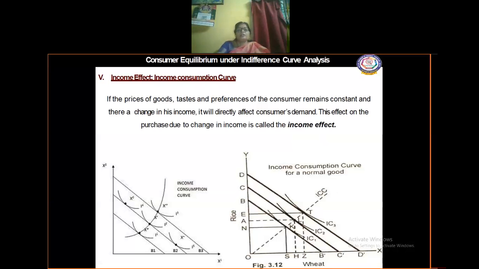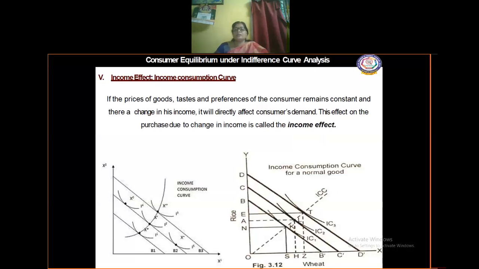So I conclude the analysis by saying that the indifference curve analysis is an ordinal approach, and the comparison is made between the two goods, and it is assumed that the indifference curve is convex, and how the equilibrium is attained by the tangency of the highest indifference curve from the bottom level.